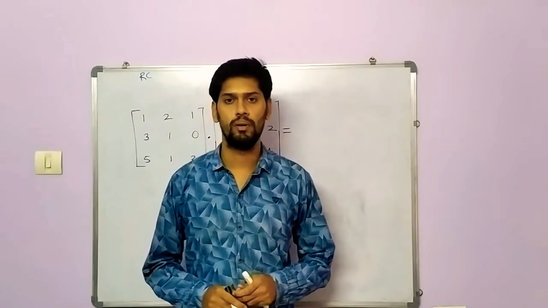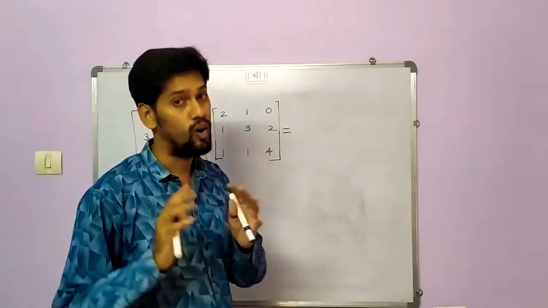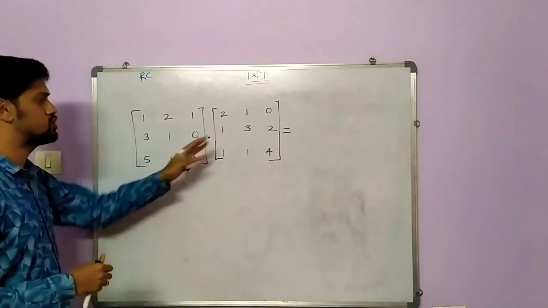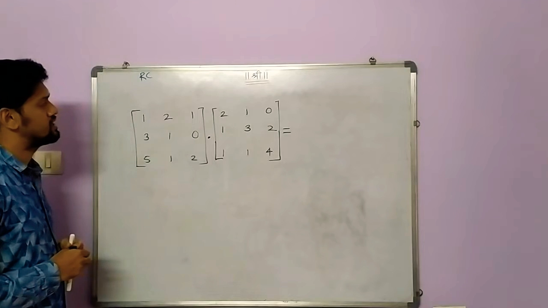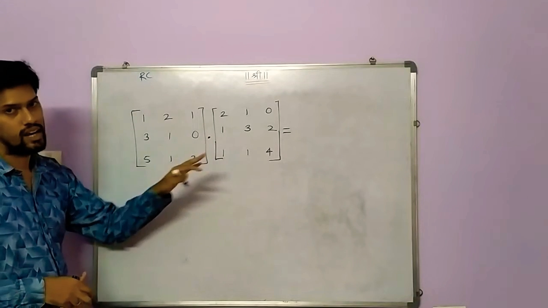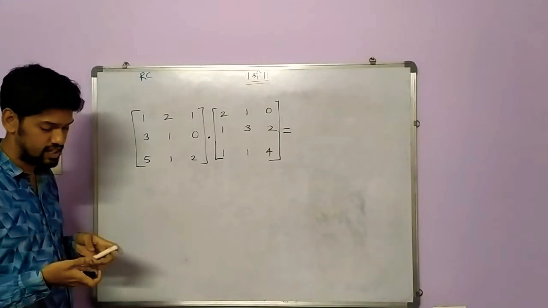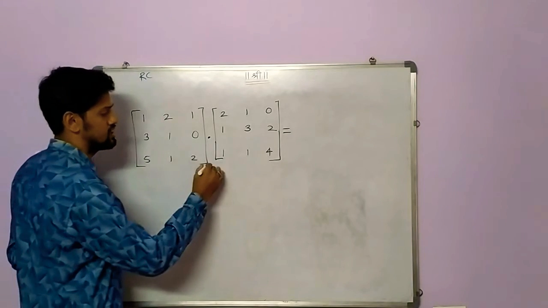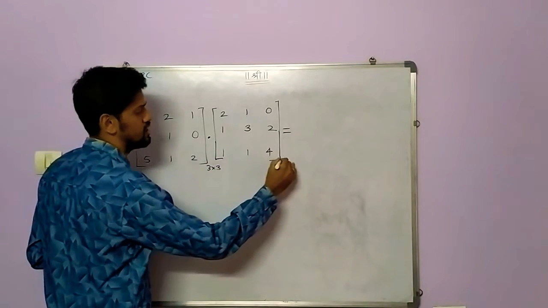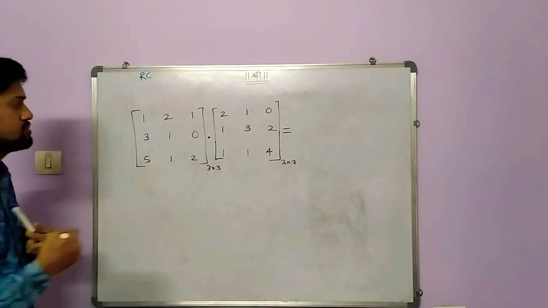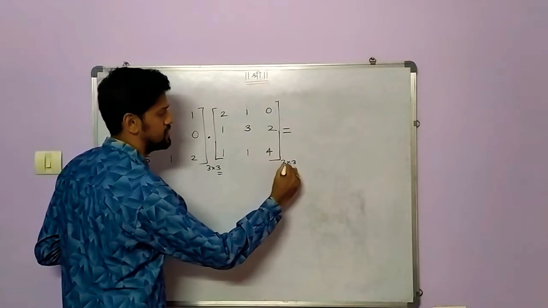We'll solve one problem and get the clear understanding of how exactly the matrices are multiplied. So for example, I have taken two matrices here and the target is to multiply them and get the final answer. First thing that you will check is what is the order of both the matrices. Your criteria that has to be satisfied is this should be equal to this.